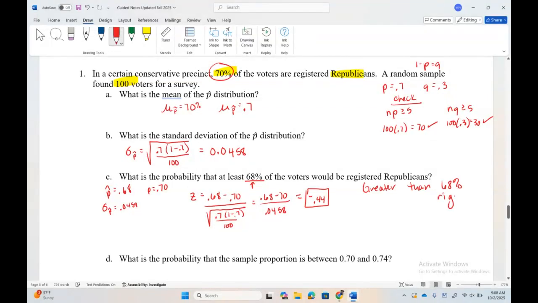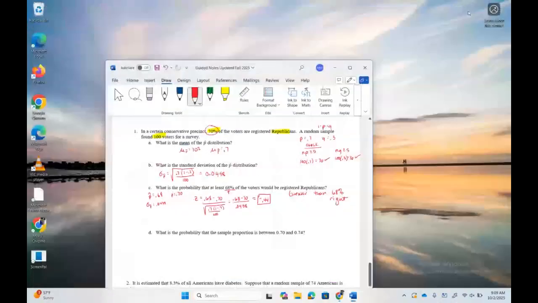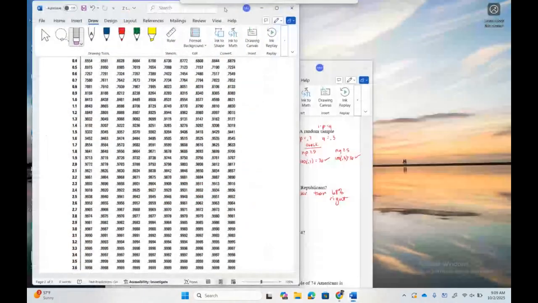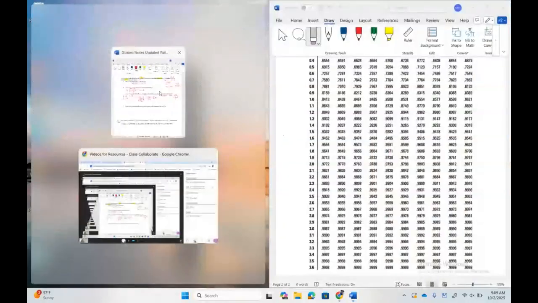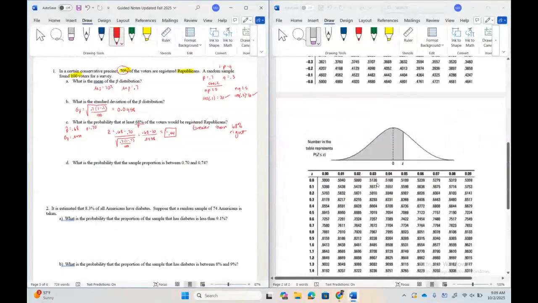So we need to find the area to the right. We are still going to use that same table for Z. That doesn't change. So let's see, we have negative 0.44.